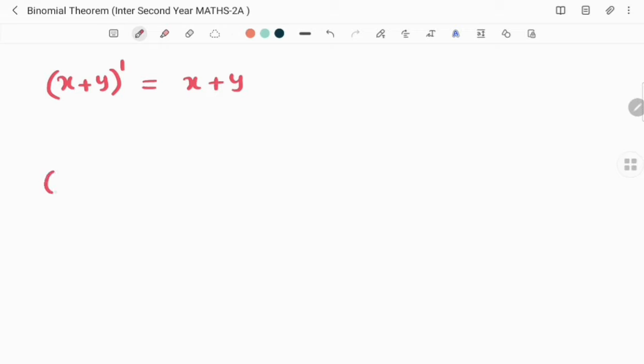If it is x plus y whole square and you want to expand it, it looks like a plus b whole square, which is a square plus 2ab plus b square. So x square plus 2xy plus y square. In the same way, we will also write x plus y whole cube.